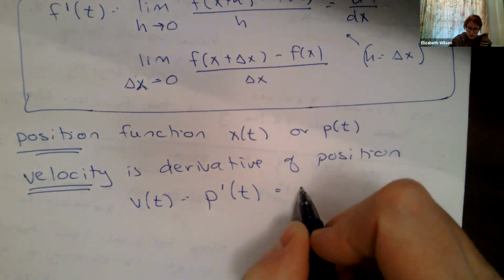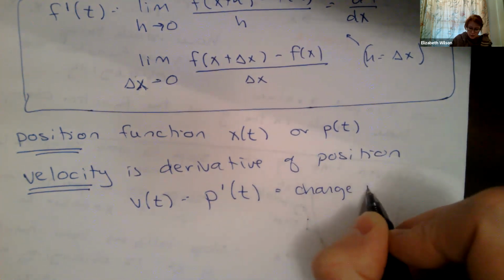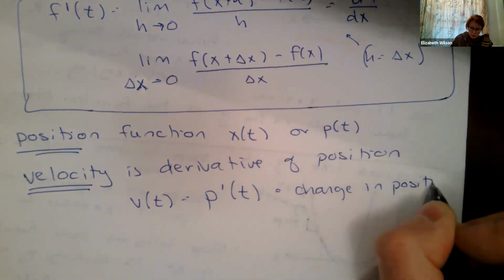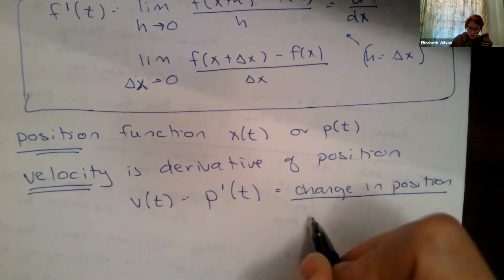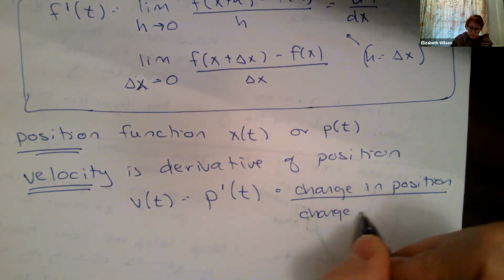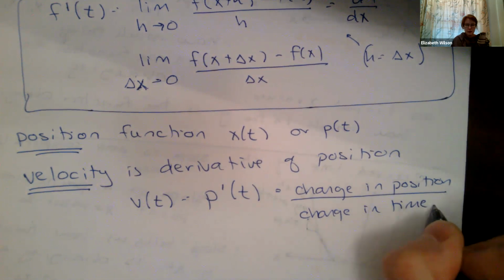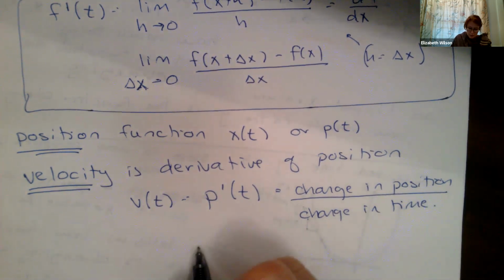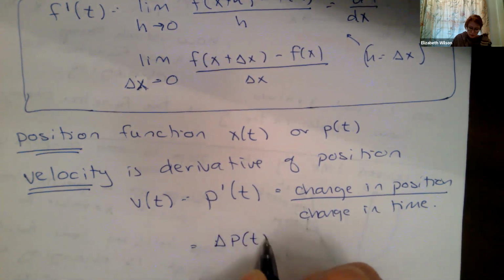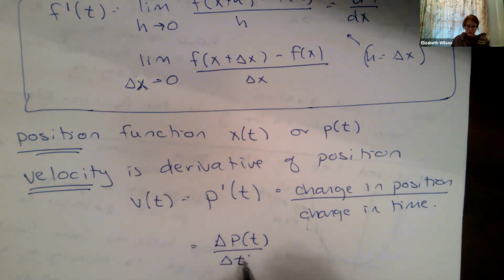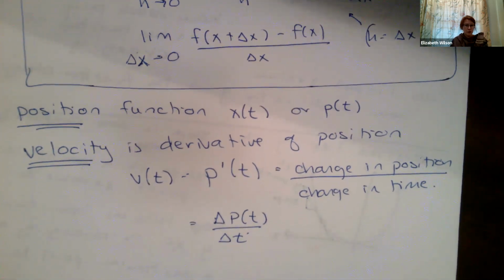This is the change in position all over the change in time. So my velocity is equal to delta p of t all over delta t, right? So we're looking at the change in position over change in time.